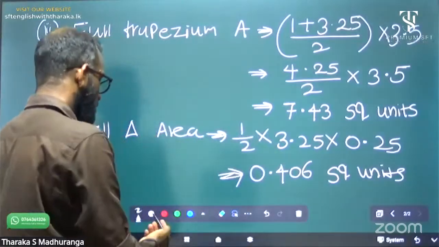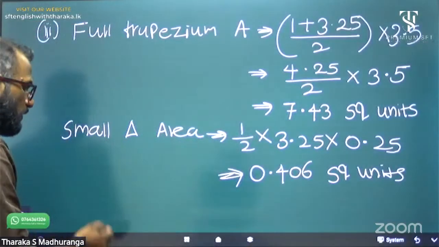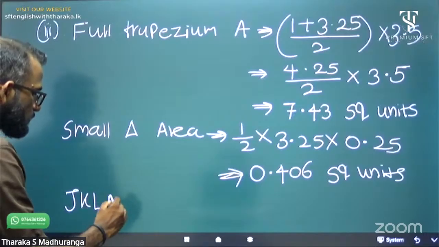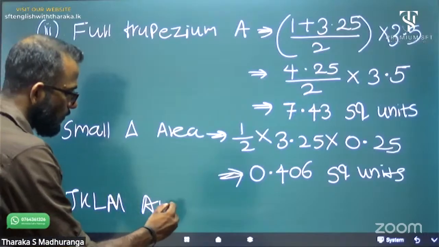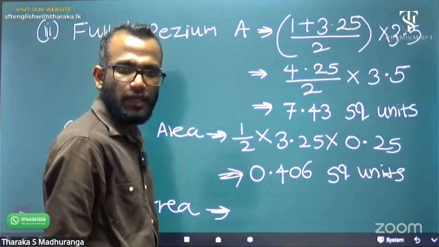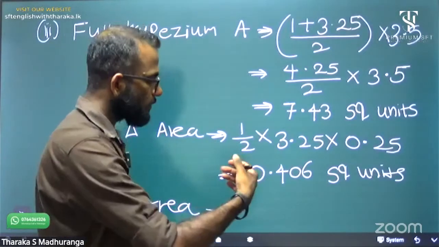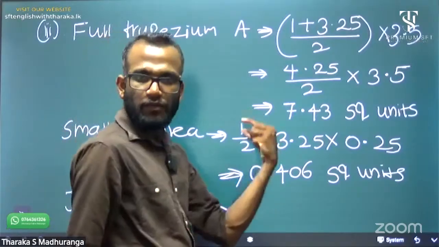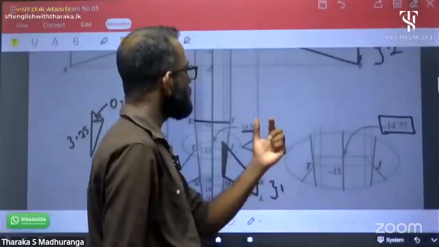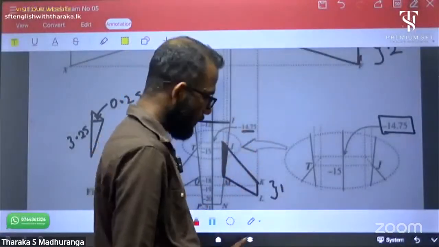Great. Now the JKLM rear wing area. What is that? Then you have to subtract or add? Subtract, because this part is the additional part. The triangle is an additional part of the rear wing, right?